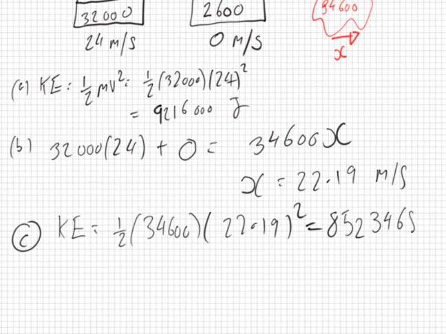So the kinetic energy after the collision will be a half mv squared, which equals 8,523,468 joules. And you can figure out what it was in part A: a half times 32,000 times 24 squared.